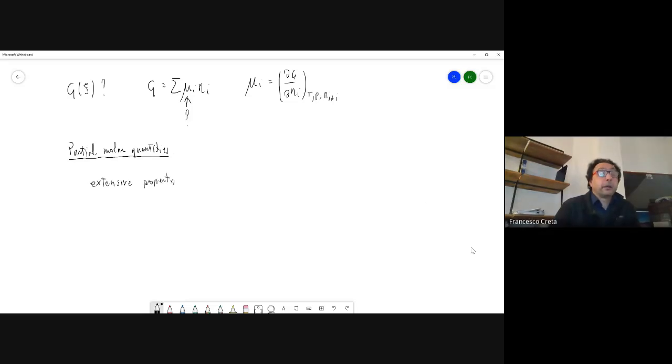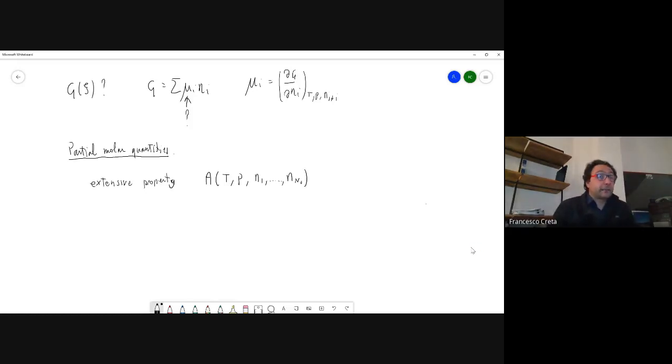It could be a chemical potential of some kind, or it could be the Gibbs energy for all that matter. But let's call it generically A, as a function of, for example, just like Gibbs energy, temperature and pressure, and then all the extensive number of moles, N1, N2, and Ns.